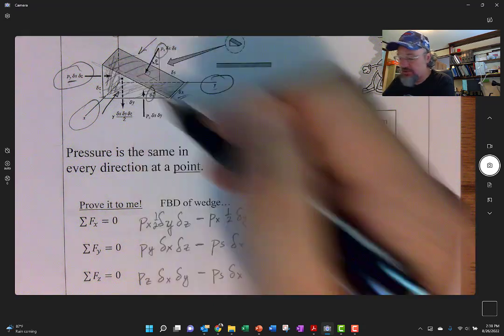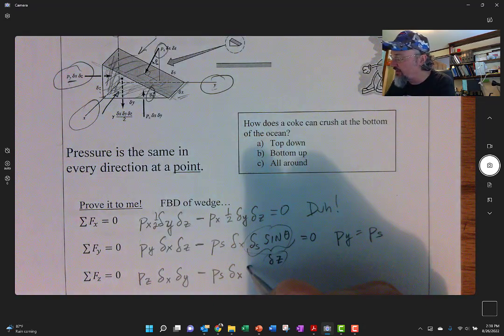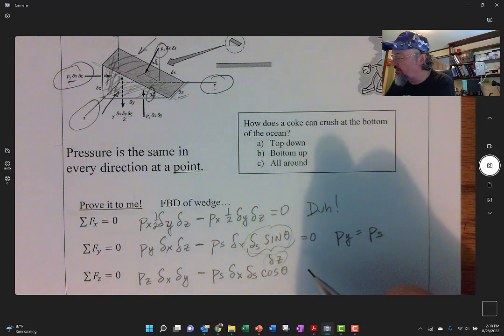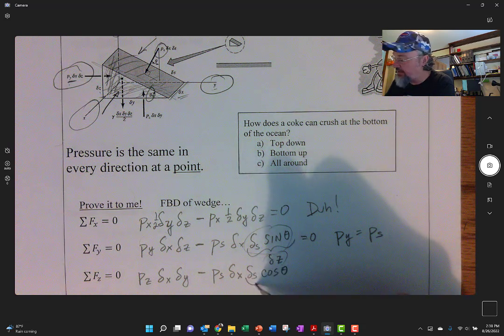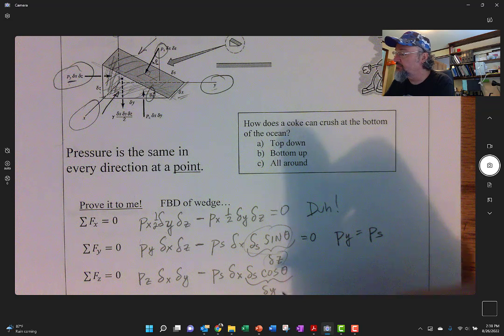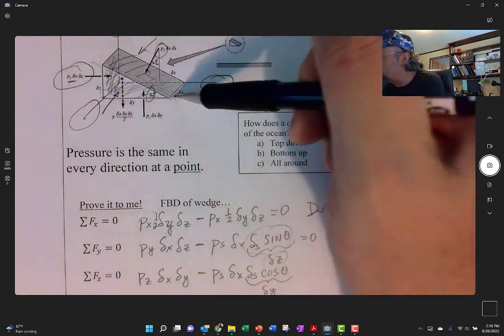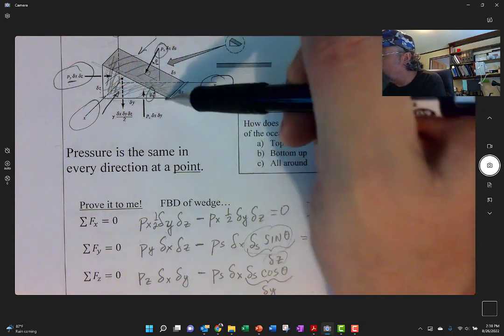And now for, once again, the surface right here, we have del s times the cosine of theta right there, which we happen to recognize is the same thing as del y. So del y is this length right here, so we have the cosine of that.